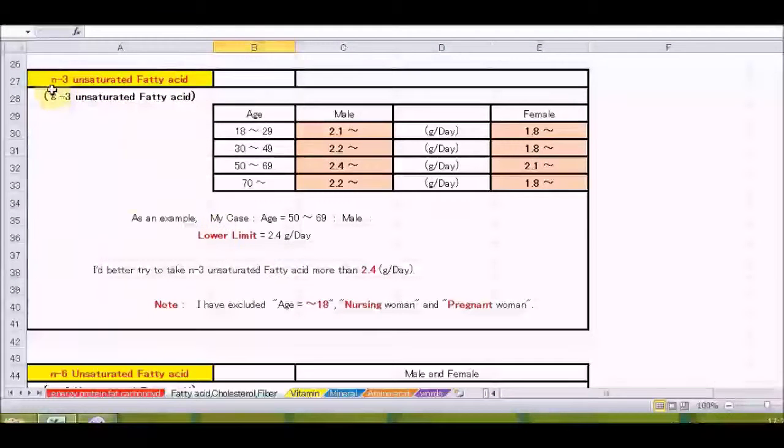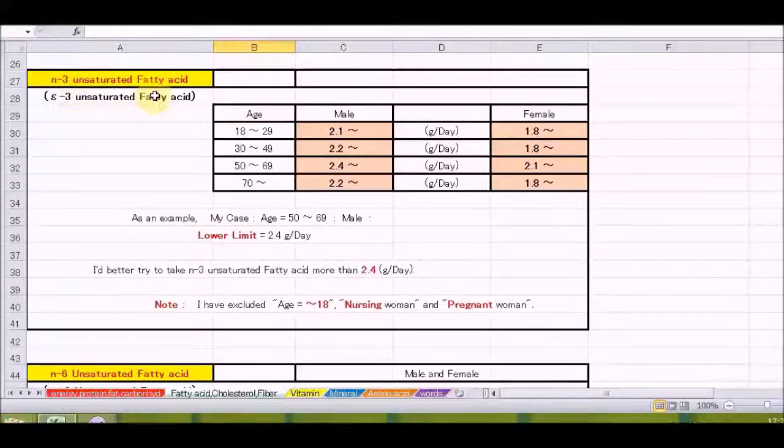Well, about N3 unsaturated fatty acid, in other words, omega 3 unsaturated fatty acid. It can be estimated by this table: age, male, female. For example, in my case, age 50 to 69.